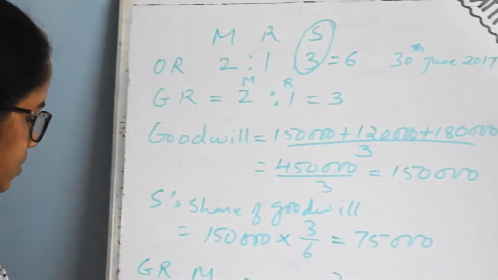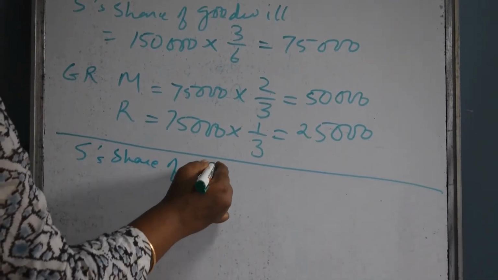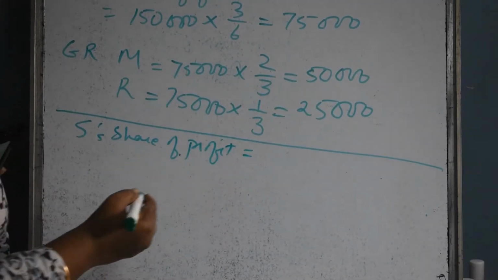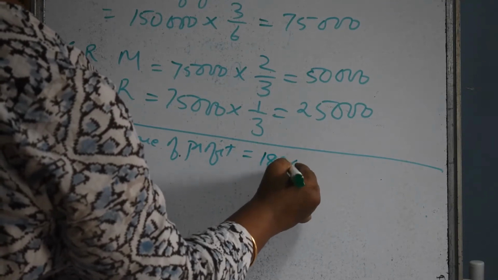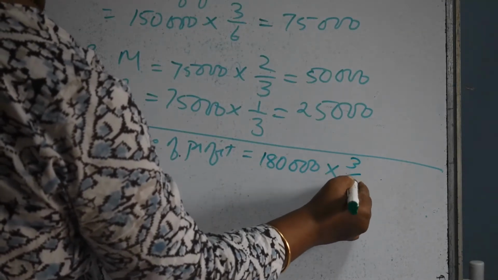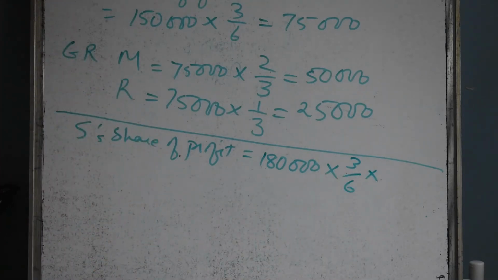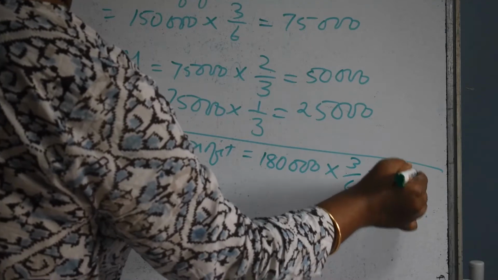So S's share of profit is equal to 1,80,000 multiplied by his share 3 upon 6 multiplied by how many months he was there for? 3 months, till June.